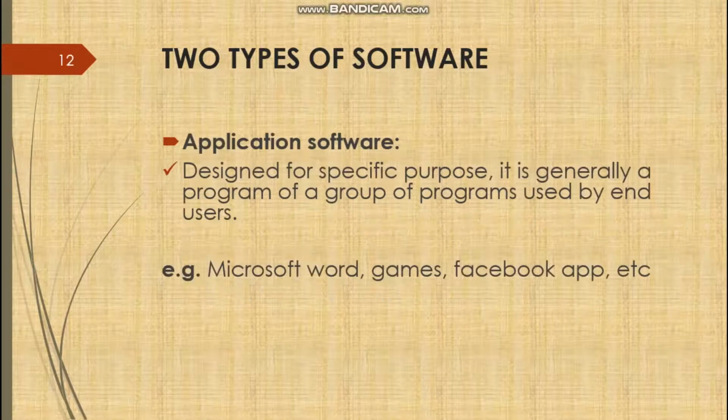Then we move to application software. Application software is designed for a specific purpose. It is generally a program or a group of programs used by end users. Examples are Microsoft Word, game apps, Facebook, and WhatsApp, and these are commonly known as apps.